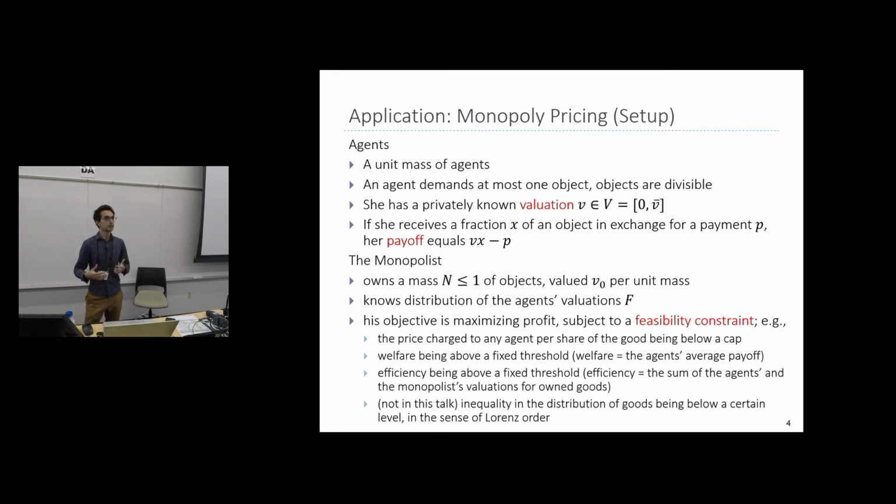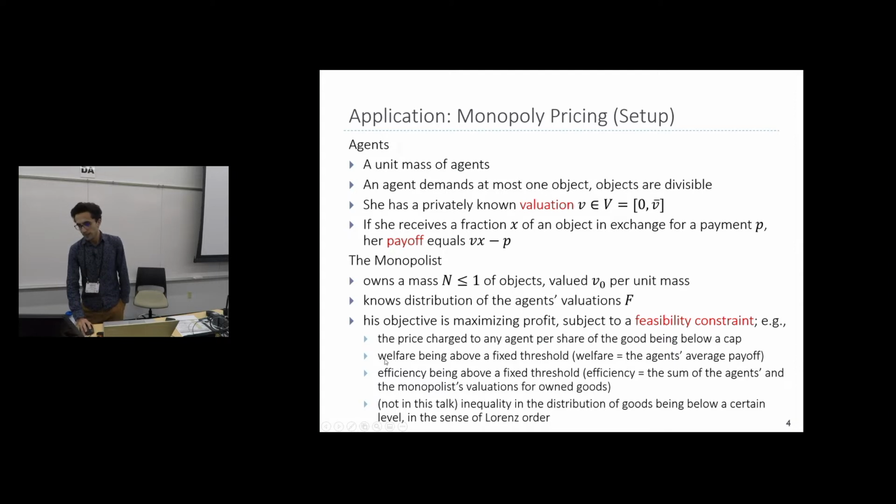Let me give you some examples of what types of feasibility constraints we allow, and you can pick your favorite. The rest of the results will go through. The first one is a price cap, as we discussed earlier. More precisely, the price charged to any agent per share of the good should be below a cap.